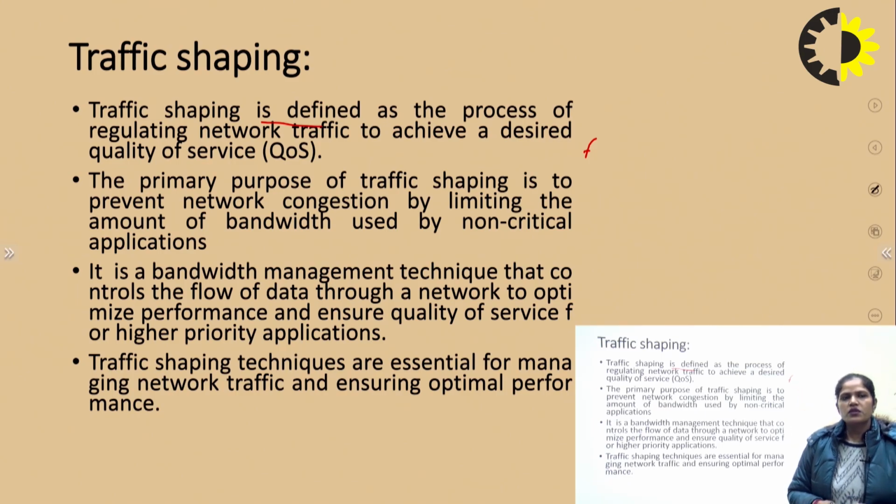The primary purpose of traffic shaping is to prevent network congestion by limiting the amount of bandwidth used by non-critical applications, right?